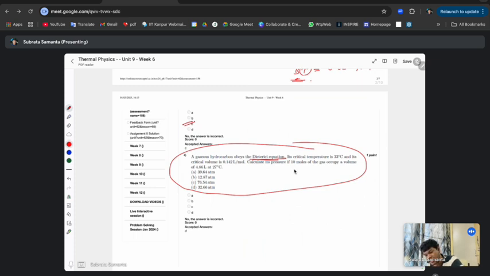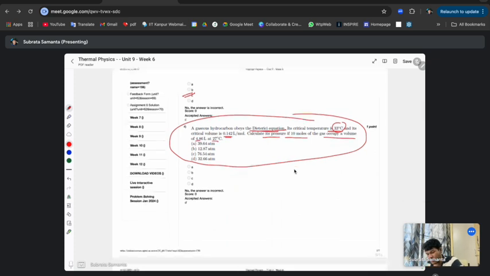Its critical temperature is 33 degrees centigrade, and its critical volume is 0.142 liter per mole. Calculate its pressure if 10 moles of gas occupy a volume at 27 degrees centigrade.